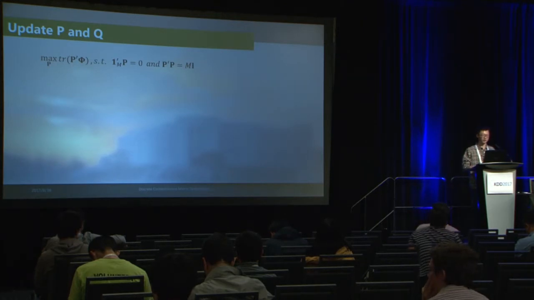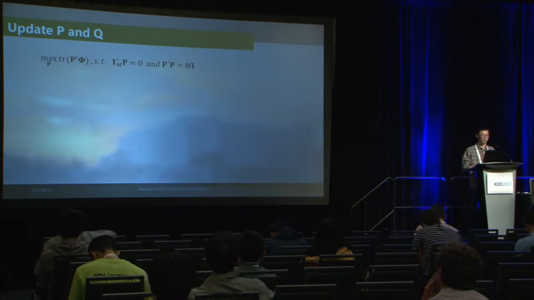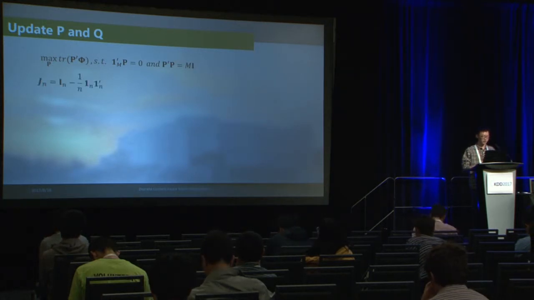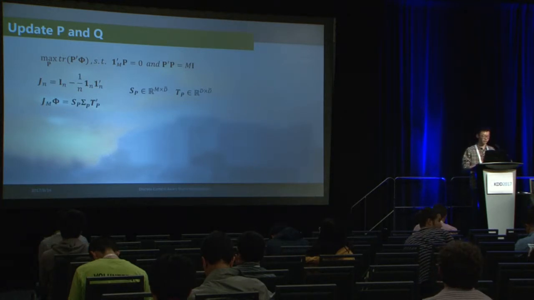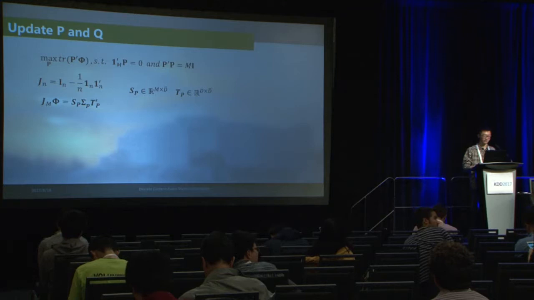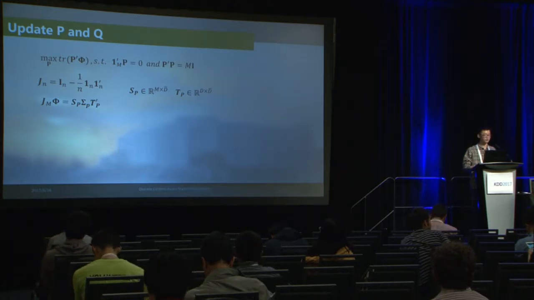When fixing phi and the other parameters, learning P can be solved by optimizing this objective function. With the help of a centering matrix J subscript n, we apply SVD to this, and we get S subscript P and T subscript P, which contain the left and right singular vectors respectively.